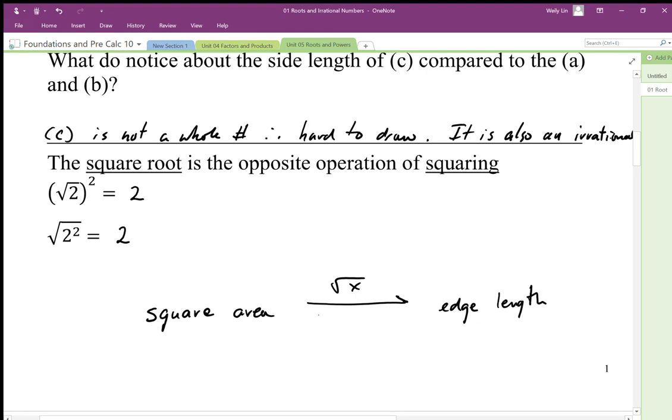Okay, if I go in this direction and I square it, I get area. If I start with edge length, I square, I get square area. If I start with square area, square root, I get edge length. And this is the idea behind squares and square roots.